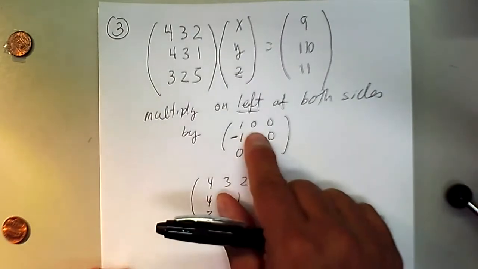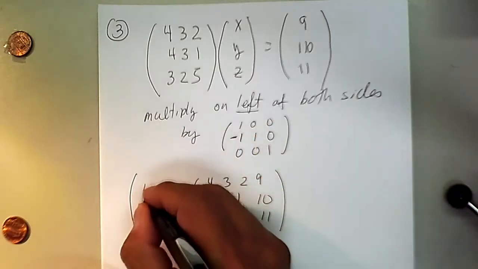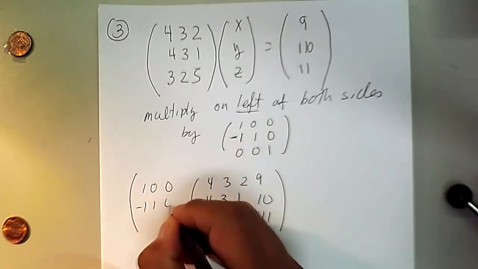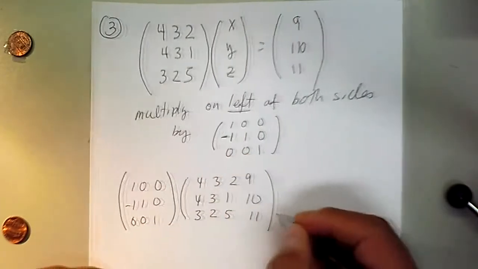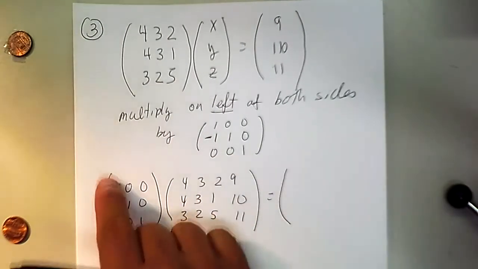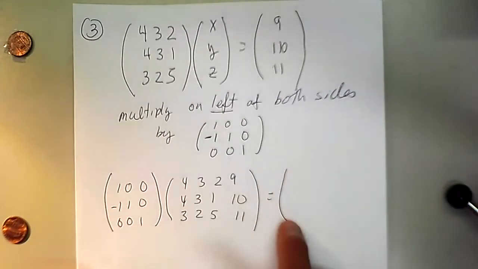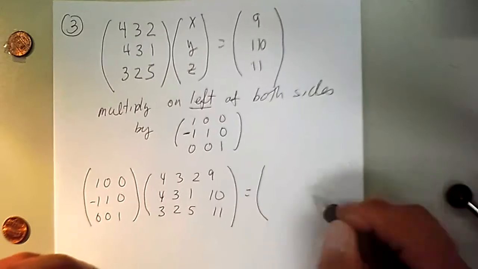And we're going to multiply on the left by 1 0 0, -1 1 0, 0 0 1. This is a 3 by 3 multiplied with a 3 by 4. We're going to end up with 3 by 4. Hopefully I have enough room here. Anticipating I may not.